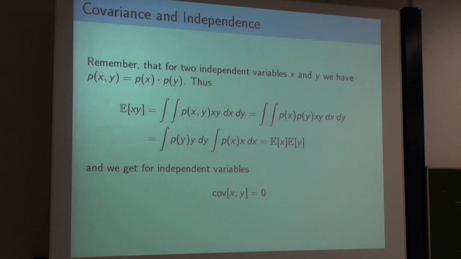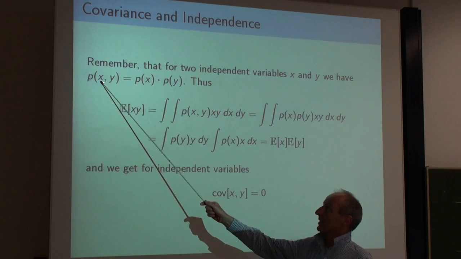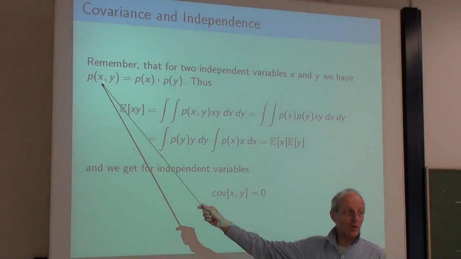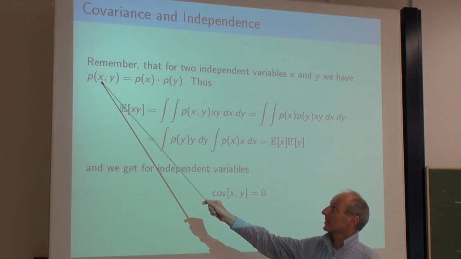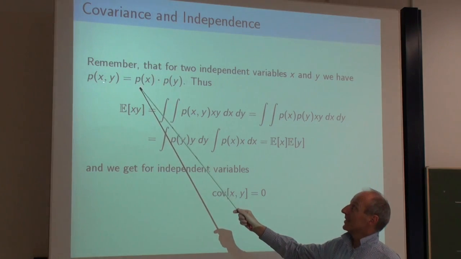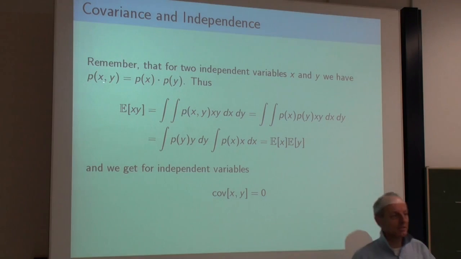Oh yeah, and here we actually prove it. Now, if our variables are independent, then the probability for observing x and y decomposes into the product of the two densities.